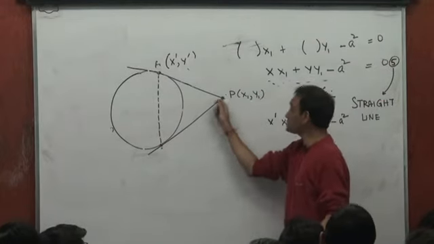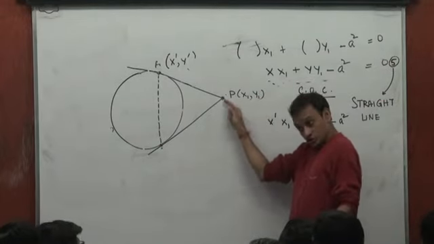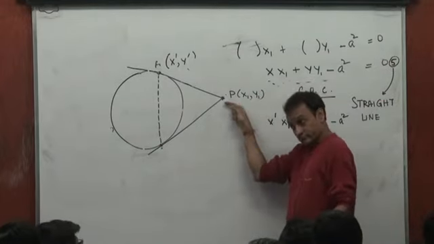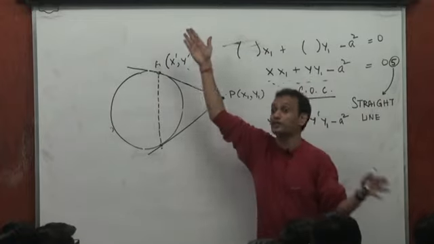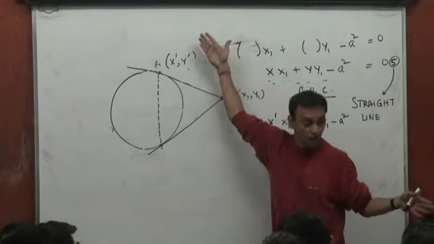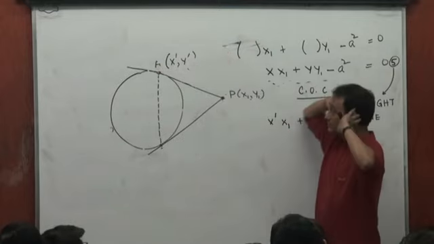While you hammer this, x1, y1 changes. It comes closer and closer to the circle, and you get different chords of contact. You know what I'm saying?